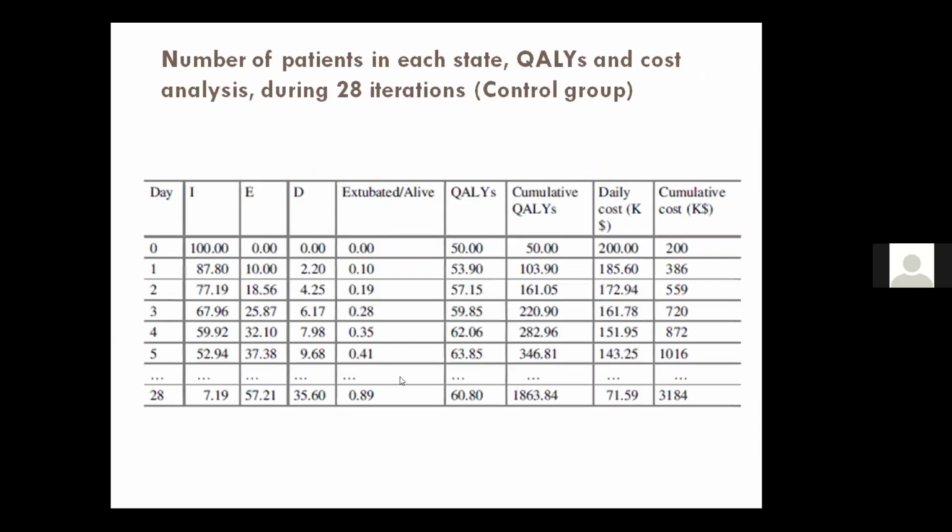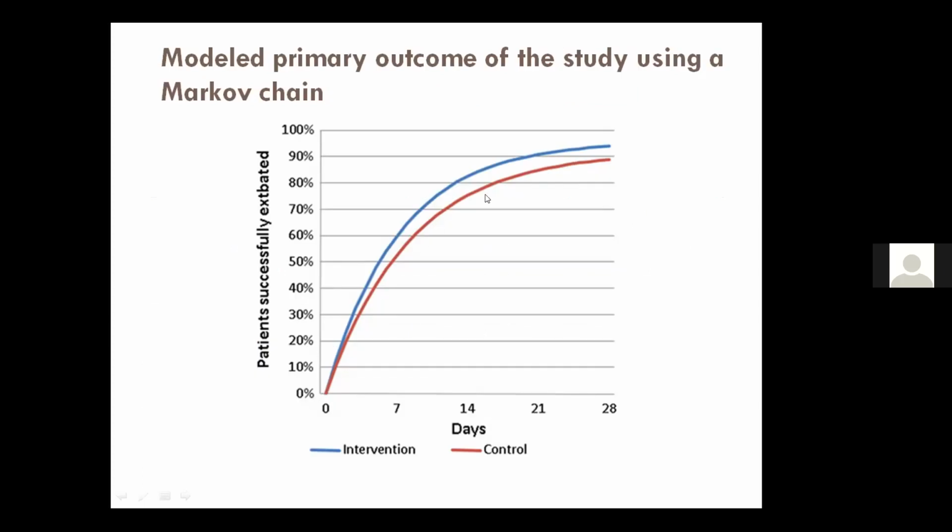The values we have got here are initially 0.1, 0.19, 0.28, and ultimately 0.89. The red one shows that progression, but the blue one shows the progression with intervention. So it clearly shows that as a result of the intervention, our extubation is faster.